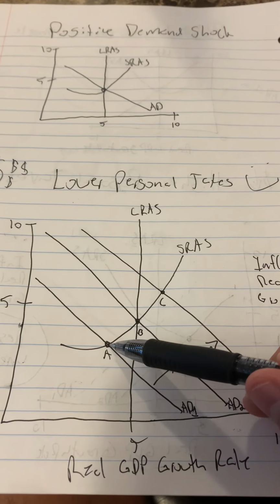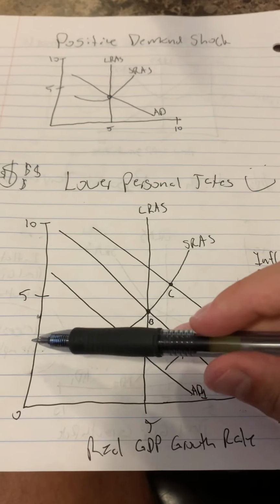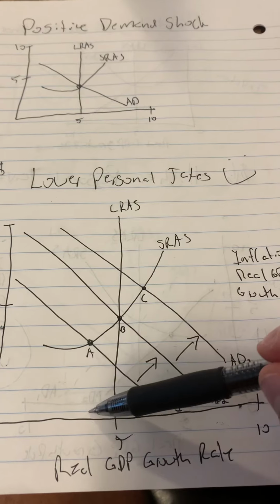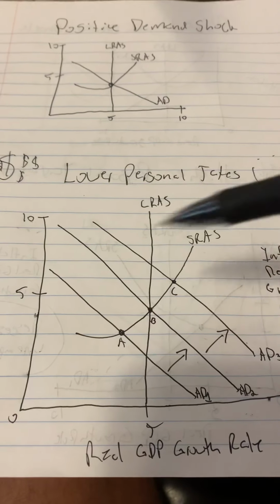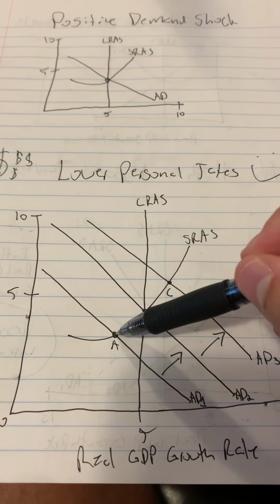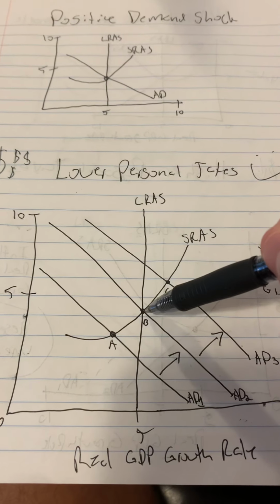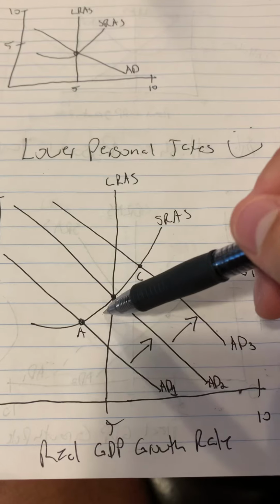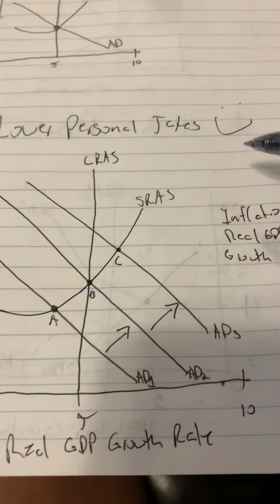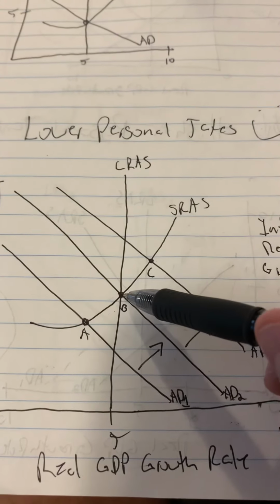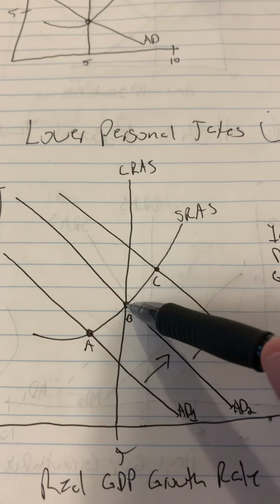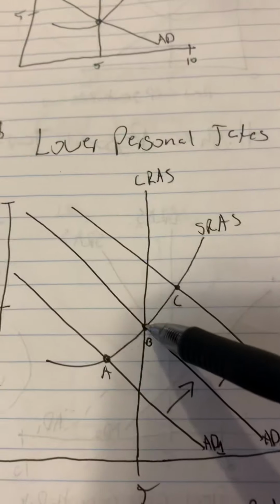If you use this as our original, we can see that it's about 3% and about 4%, we'll call it. Then as we stimulate aggregate demand, you're going to find yourself at about 5%. So inflation is going to go up, but your GDP growth rate is going to go up as well. In the short run, you're going to be right here, right where you want to be. In the long run, you're going to be in the same spot.